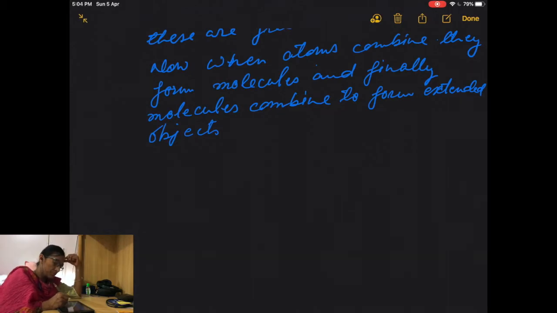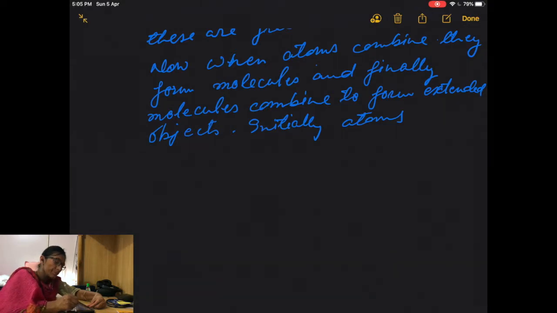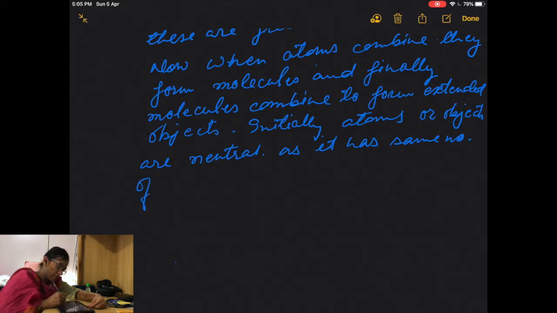So initially atoms or objects are neutral, as they have the same number of protons and electrons.